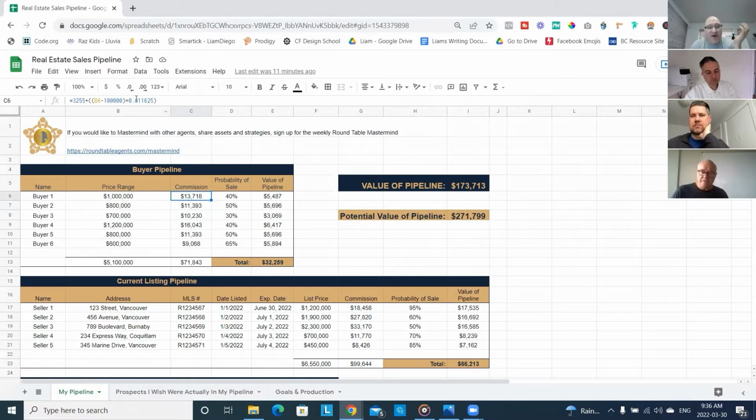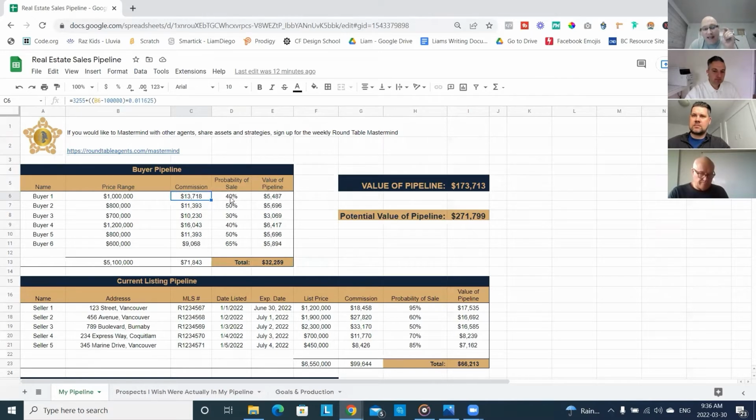So I have put in here what in my market is generically somewhat correct: 3.255 on the first 100,000, and then this percentage after it. These formulas can be adjusted, or if someone's in a different market, you can just put 2% or 3% or whatever it may be.